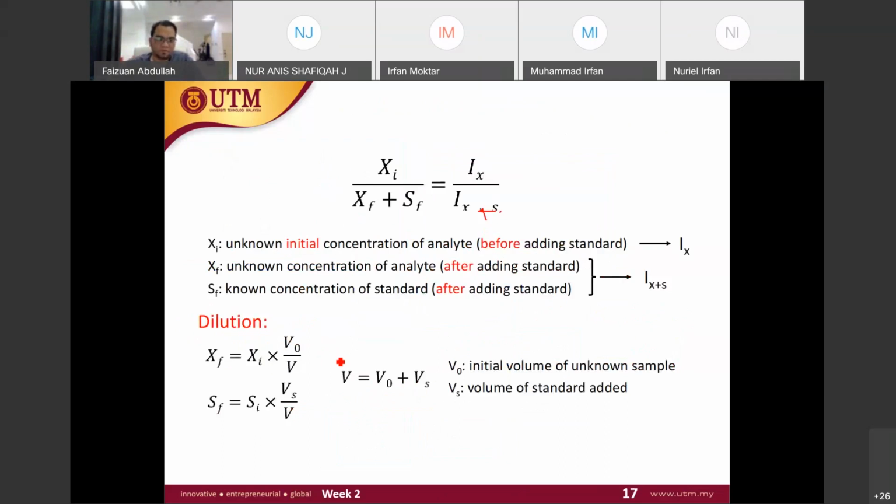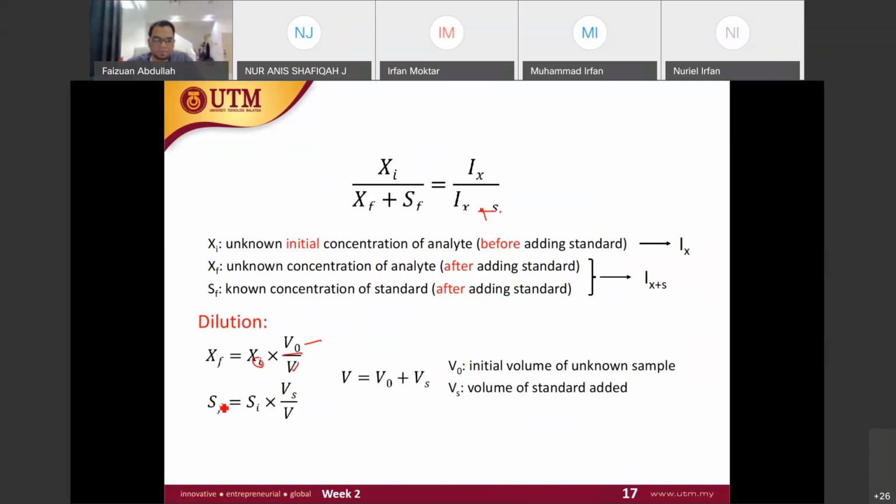For example, if you want to find the XF, it is equal to XI times the initial volume divided by the final volume, okay, where Vs is the volume of standard added.